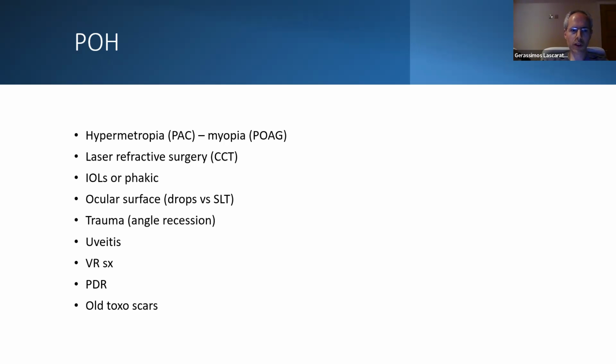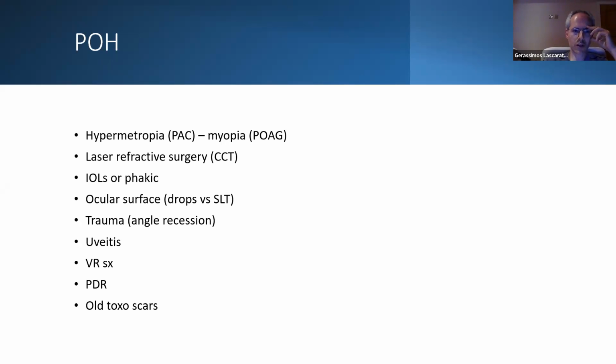It's also relevant to know whether they're pseudophakic or phakic. Pseudophakic patients are less likely to develop angle closure disease, and with phakic patients, especially if they've got a cataract, you need to think about phacomorphic glaucoma, think whether the lens is cloudy and pushing the iris forward and causing secondary angle closure.